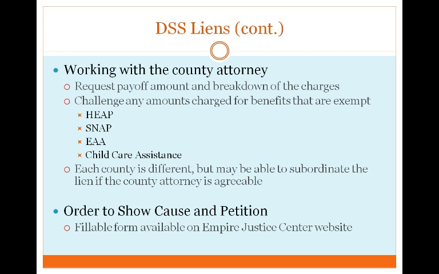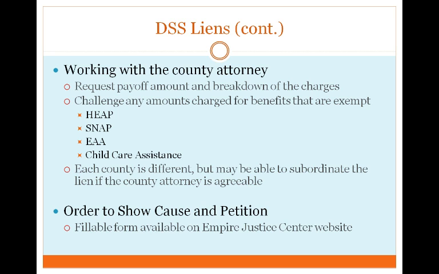So in terms of trying to work through these, again, if you can work with the county attorney and you have a good relationship, that's great. But you're really going to want to request a payoff amount and a breakdown of any charges, any amounts accrued. One reason is that some categories of assistance are actually exempt from recovery under the mortgage that they've signed.